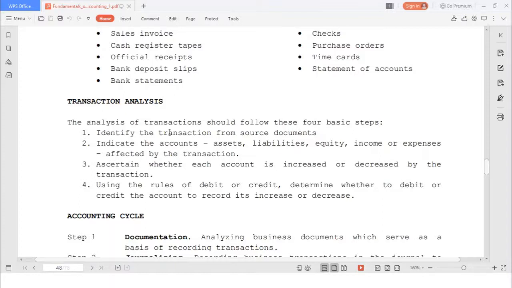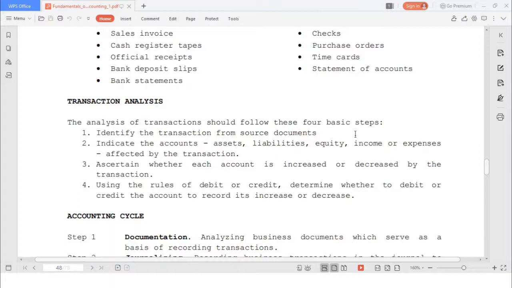In analyzing a transaction, you should follow these 4 basic steps. First is to identify the transaction from source documents. Given for instance a sales invoice, of course your transaction is a sale, kay gibaligya.